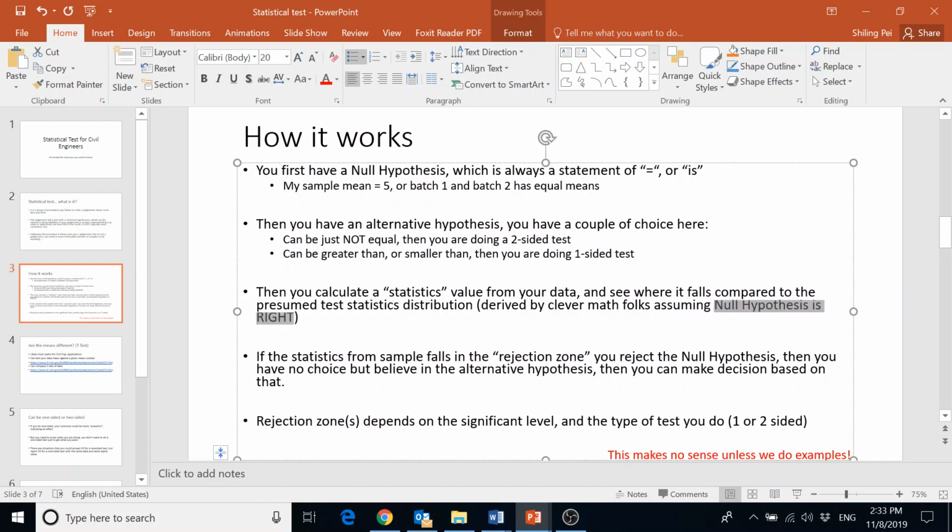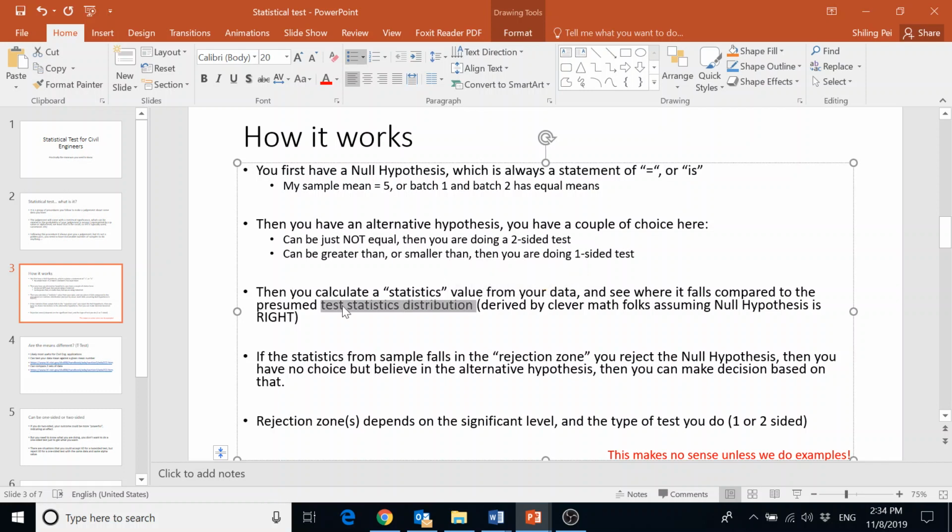So basically, they'll say, if the mean is equal to 5, if batch 1 and batch 2 have equal means, then if you go through this calculation, the result you get will for sure follow this distribution. This actually highlights why your null hypothesis has to be equal or is, because this is almost like a boundary condition or a known condition, so that you can actually derive this distribution.